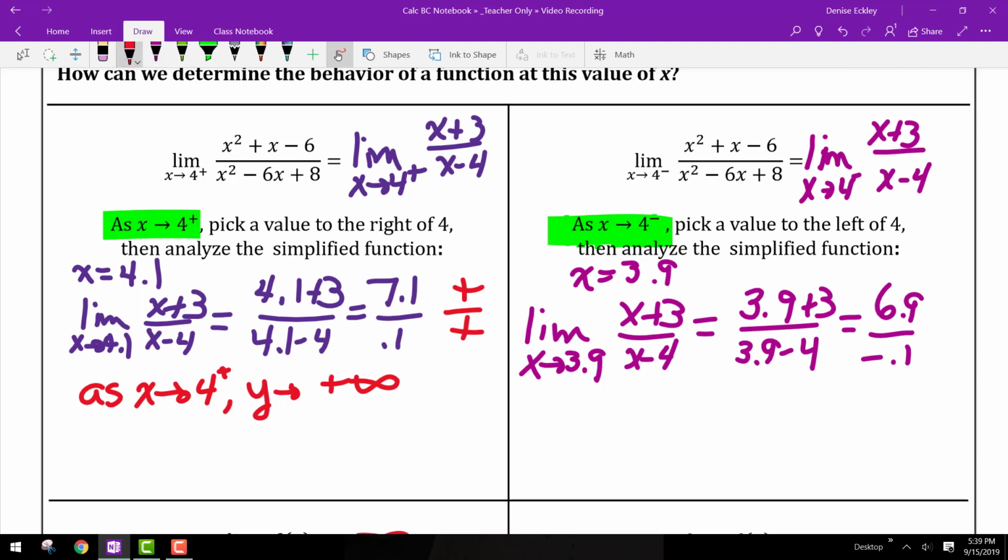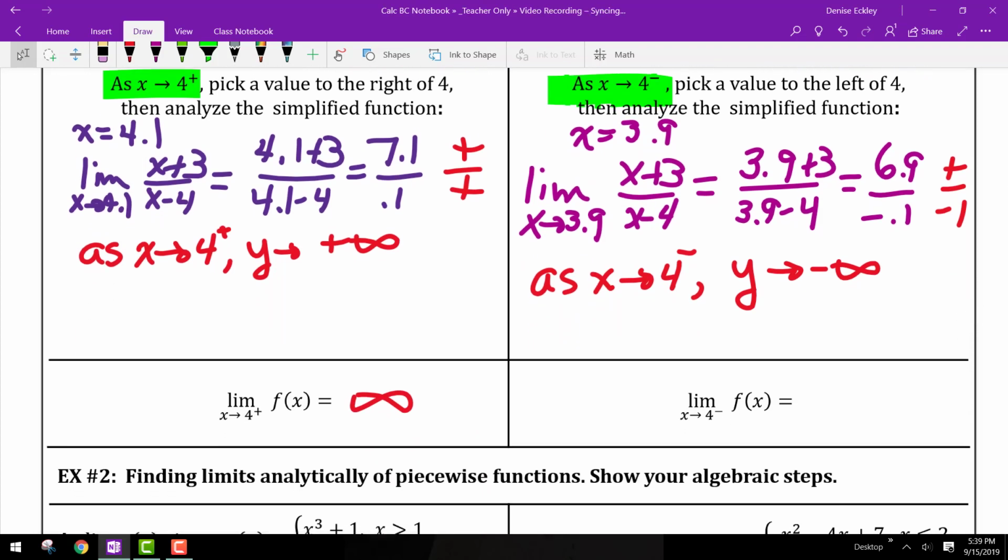This time I have a positive value over a negative value. So as x approaches 4 from the left, y is approaching negative infinity. I could say that the left-hand limit as x approaches 4 of f of x is negative infinity. That's how you can handle a left or right-hand limit at a vertical discontinuity, which is a little more involved than just dealing with a hole in the graph.